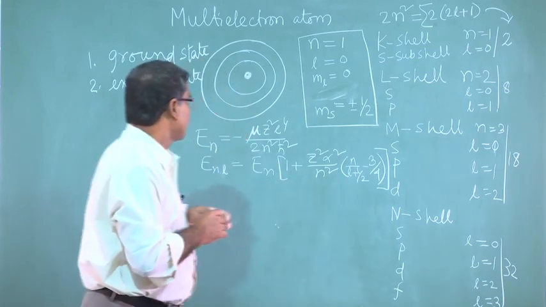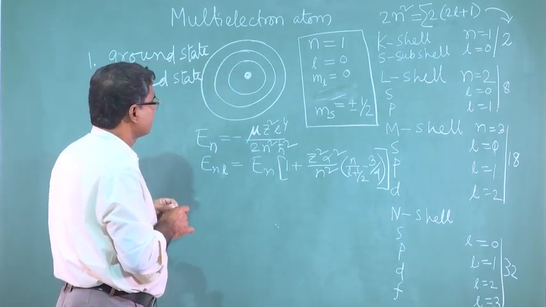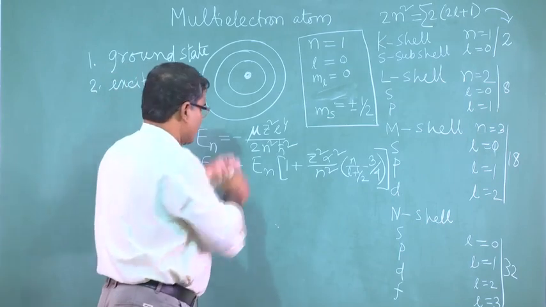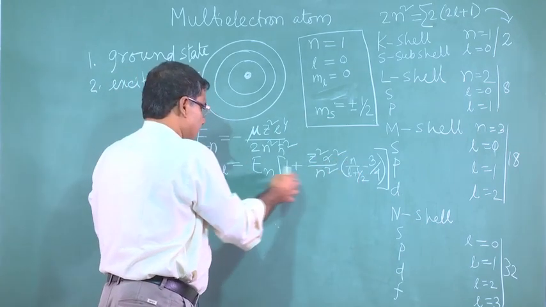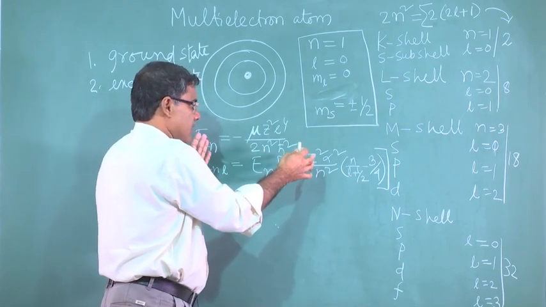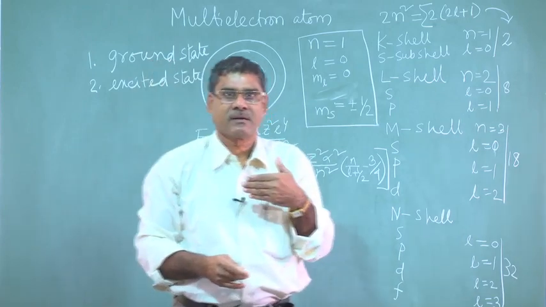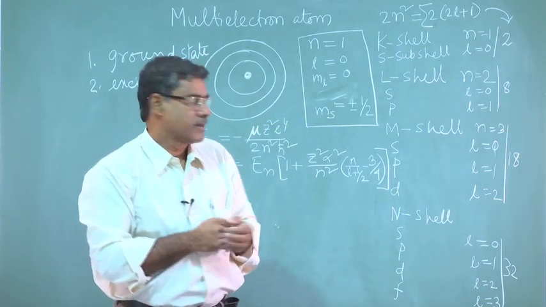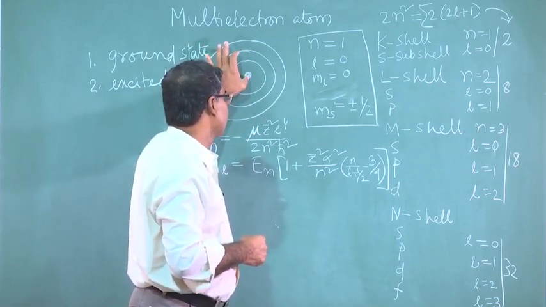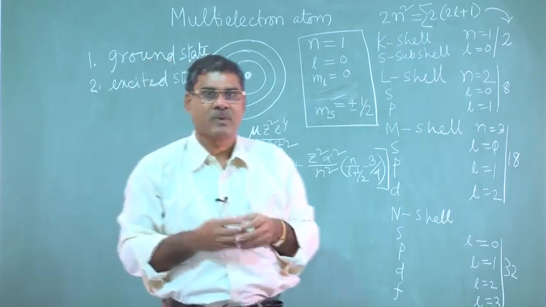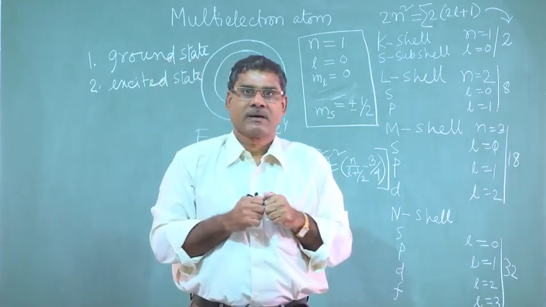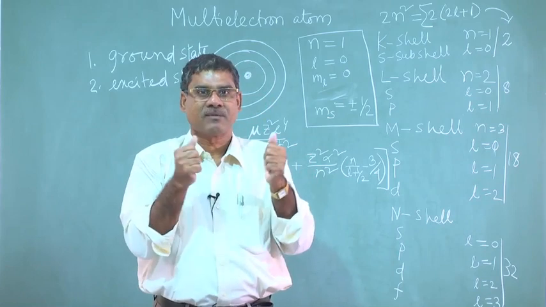And in the case of multi-electron systems, what about the consideration for this derivation? We have to consider something more, because here there is only one electron. There is the interaction between electron and nucleus, the Coulomb force acting on that. Now, if you put a second electron, then there will be some electron interaction, a repulsive force.